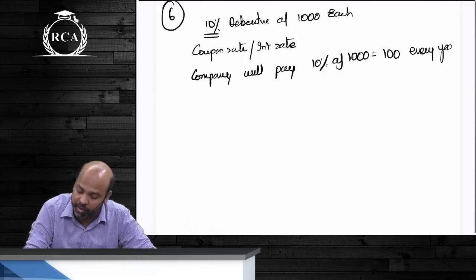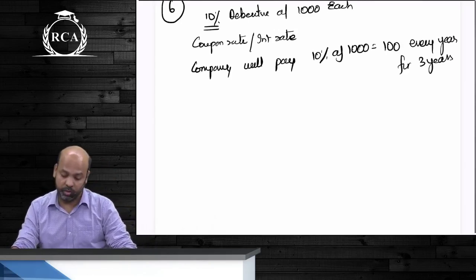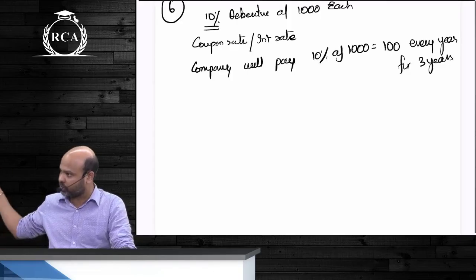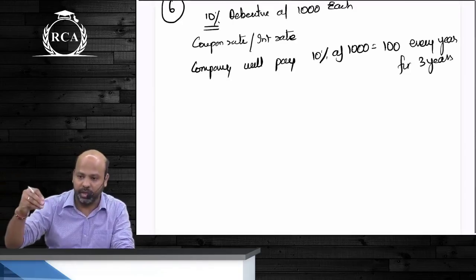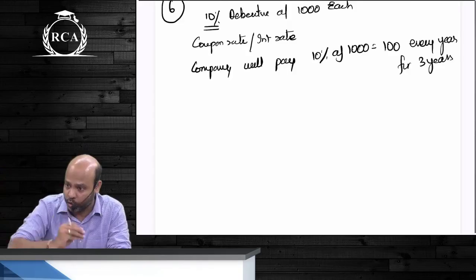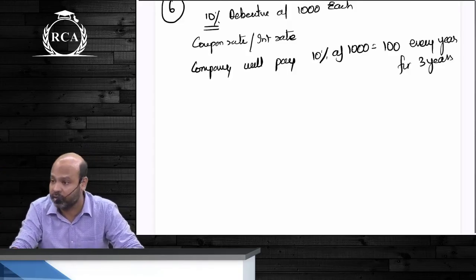For how many years will it pay? For 3 years. The company is going to pay an amount of 100 rupees every year for the next 3 years. This is what you will have to understand. Apart from that, they will have to give you back your loan amount also. Debenture means loan. You gave some amount to the company, and it is going to give you back that 1000 rupees also at the end of the third year.